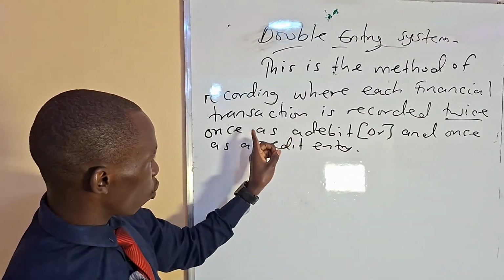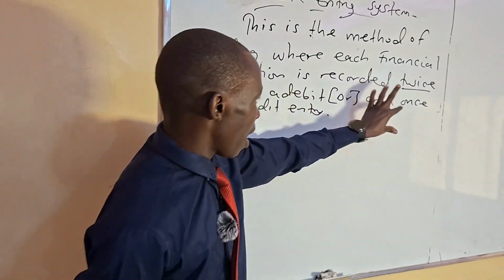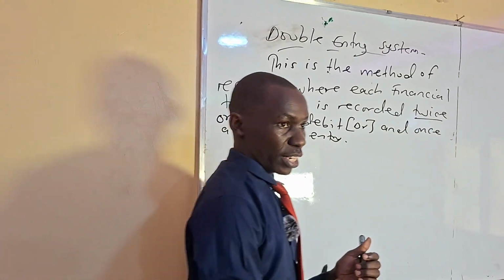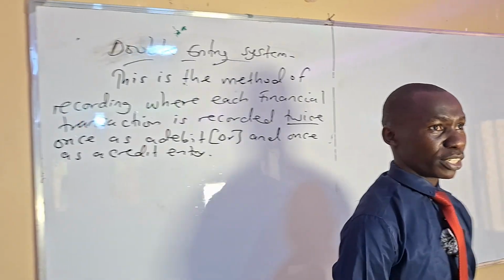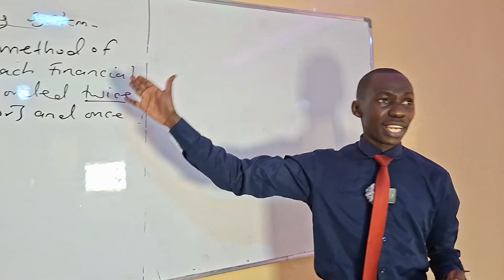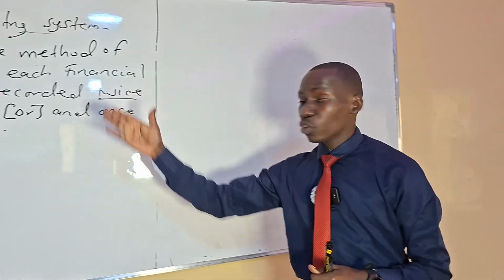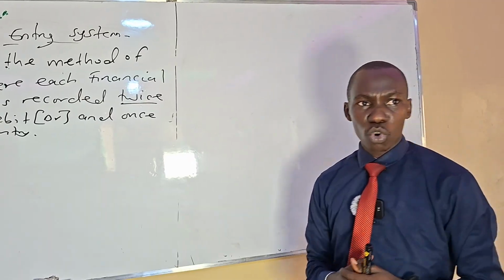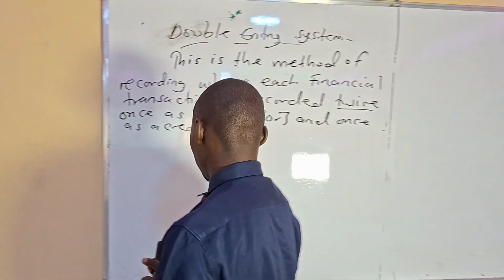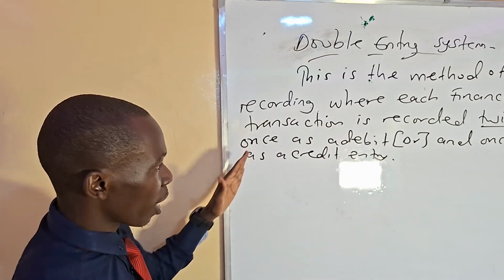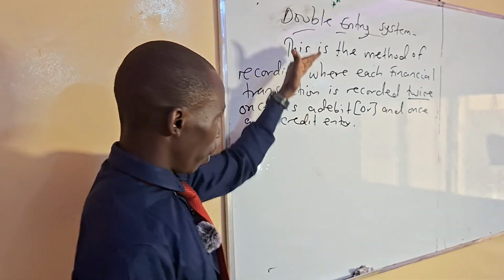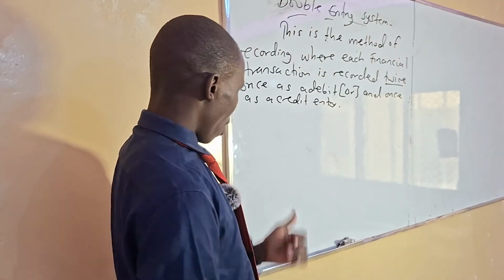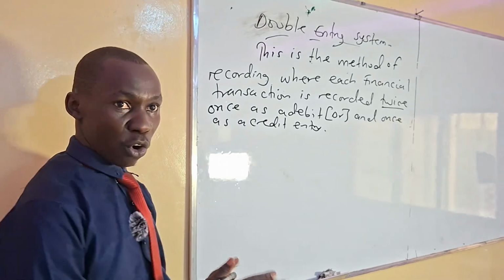You are saying you record it once as debit and once as credit, which is really very, very important. Because if we don't understand this concept, if we don't master this concept, then it's going to be challenging. But since you are at ProAccounting Academy with Kiweewa, we are here to simplify accounting for you so that it becomes easy for all of us.